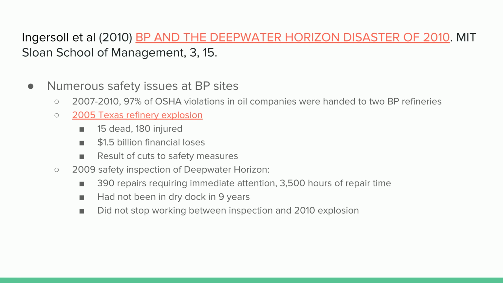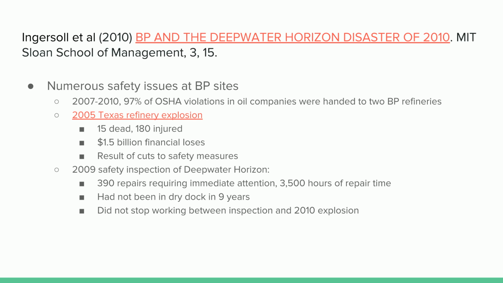But one implication of this is that in 2009, a few years after this explosion, the Deepwater Horizon is not up to code. So they have an inspector come look at the Deepwater Horizon. The inspector finds that there are 390 separate issues that require repair, not just that they require repair, but they require immediate attention.